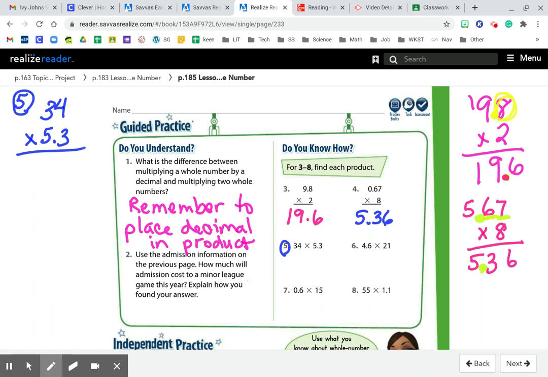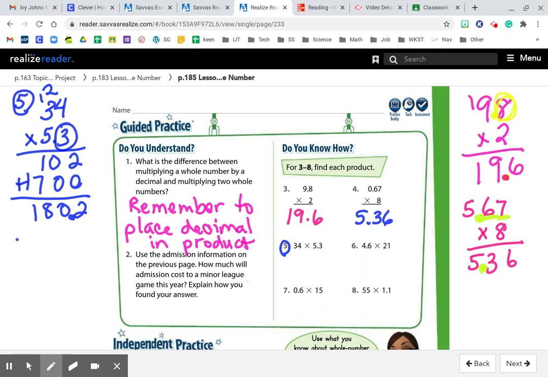So I'm going to use the distributive property. 4 times 3 is 12, carry the 1. 3 times 3 is 9, plus 1 is 10. 5 times 4, and remember, we're going to slide over 1, put a 0 in to annex that space. 5 times 4 is 20. The 0 down, carry the 2. 5 times 3 is 15, plus 2 is 17. 2, 0, 8, 1. And we have 1 digit in decimal place value in the problem. We're going to have 1 in the answer.